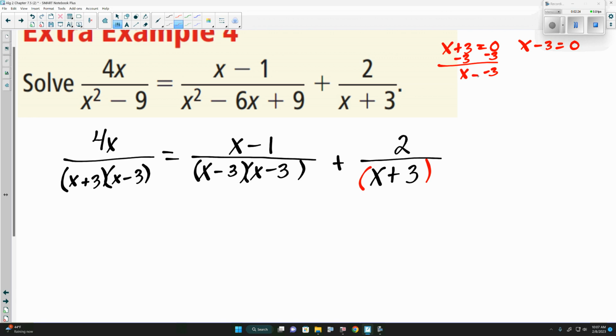For the first one, x cannot be negative 3. For the second one, we add 3 to both sides, finding that x cannot be positive 3. If we have an x value of positive or negative 3, it would be an extraneous solution. It wouldn't work, and we would throw it out.